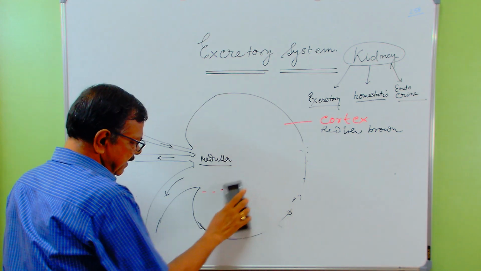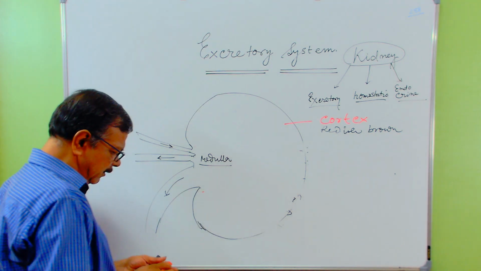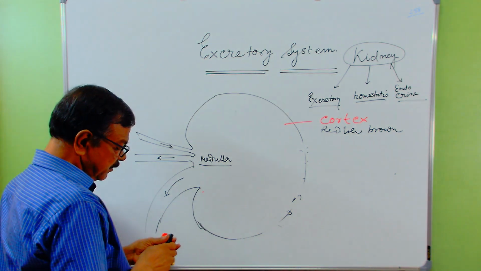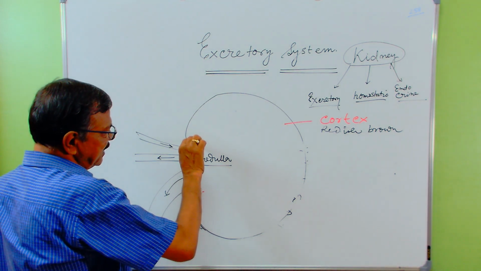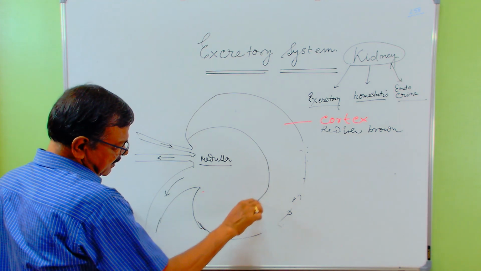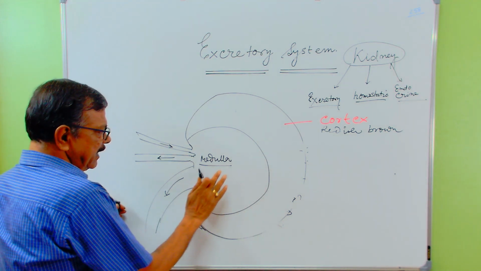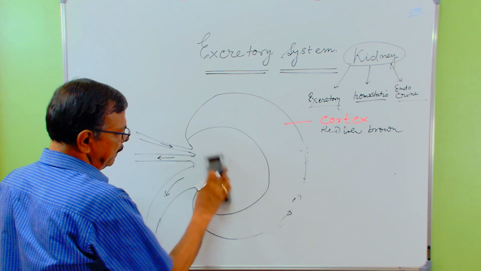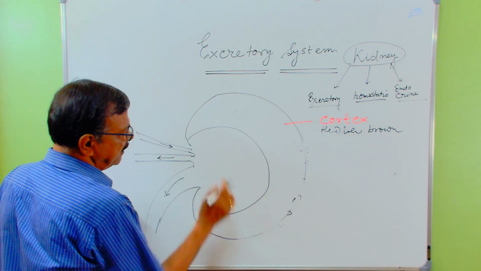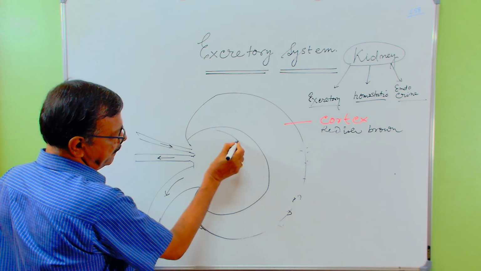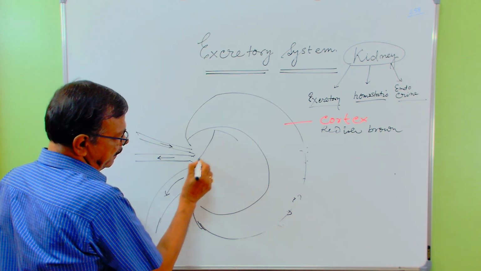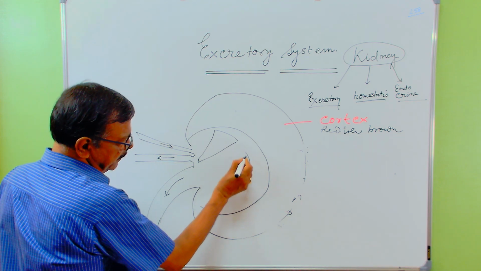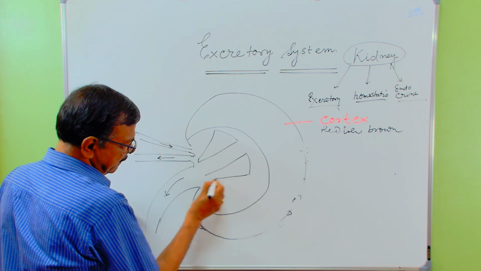I am making the medulla a bigger one, although it is 3 to 4 centimeter, but still I am writing in this way. This is medulla. Medulla is divided by pyramid like structures.